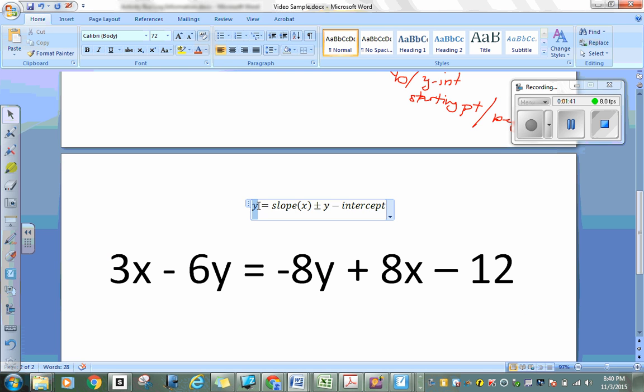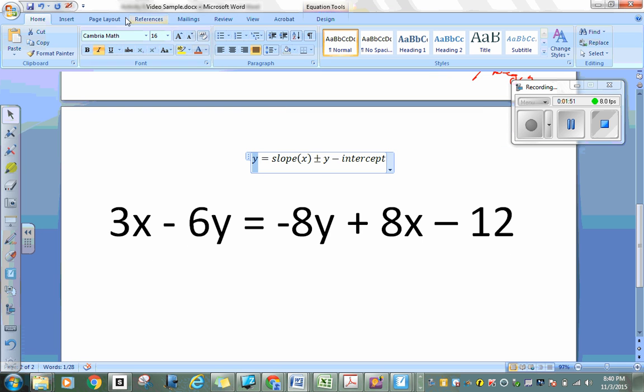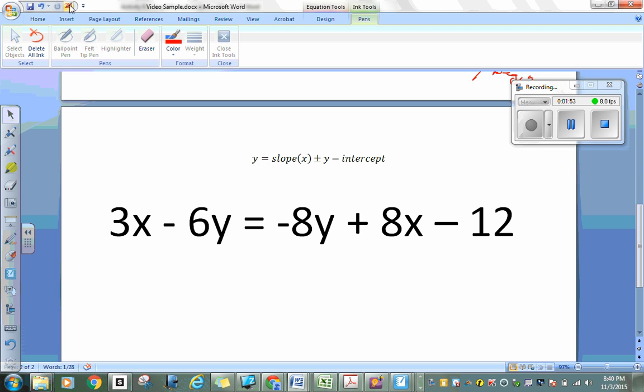Notice, what is the one variable that is on the left right here? If you said y, you're absolutely correct. So how do I go about doing that? Simple. So the first thing that I will do is make sure that all variables on the left are going to be just y. Right now I have a big problem.